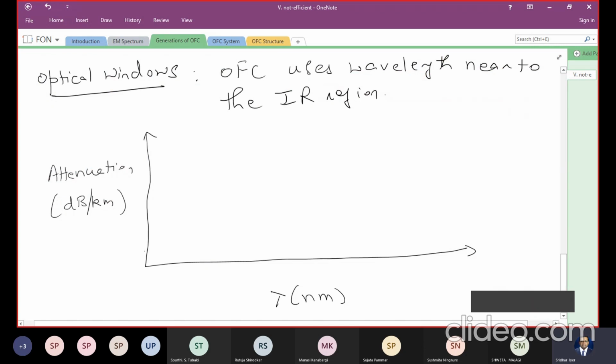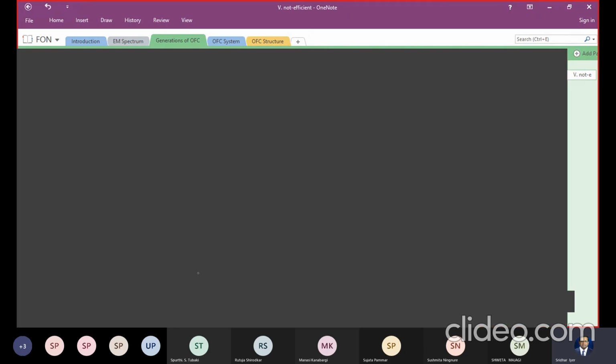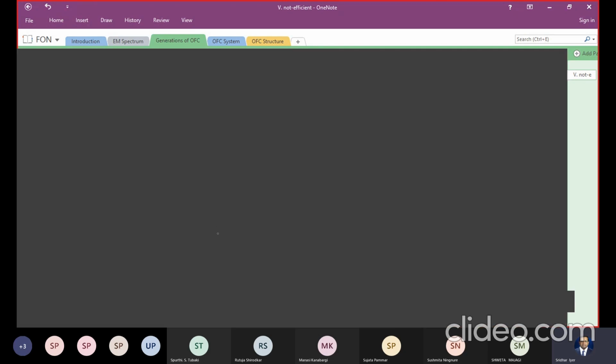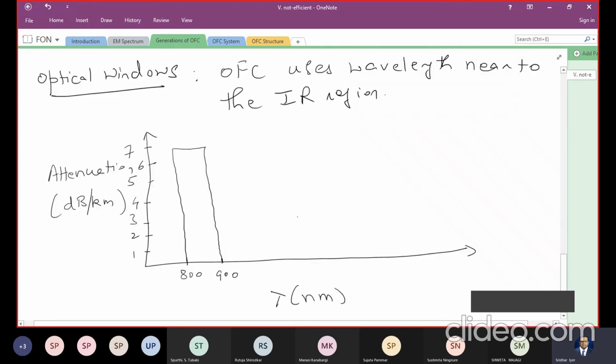So here we'll have 1, 2. Okay, so we have, let's say, attenuation till 7. The first window which we have for the optical fiber works somewhere between 800 to 900 nanometer, and it has attenuation somewhere between 6 to 6.5 decibel per kilometer. It's not an exact value, it's an approximation, right?